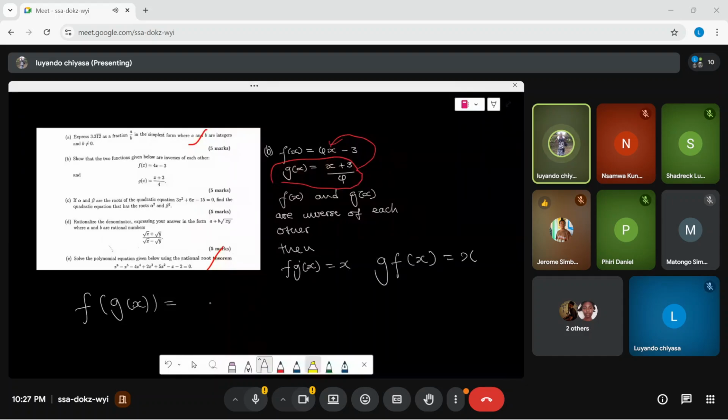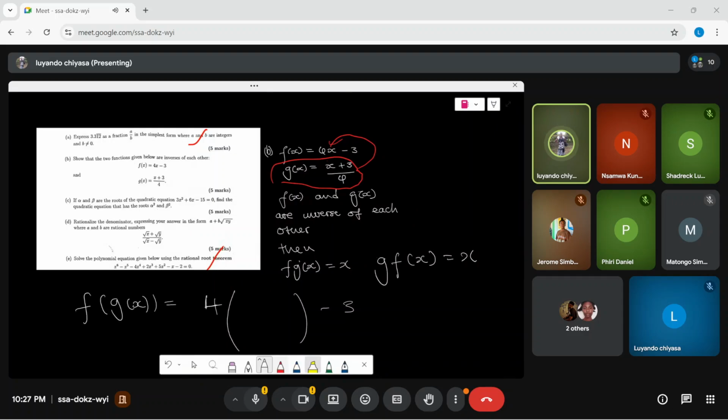What I mean is, where there is an x in f of x, we are going to replace it with g of x.